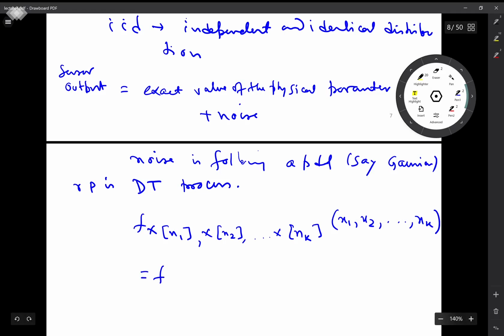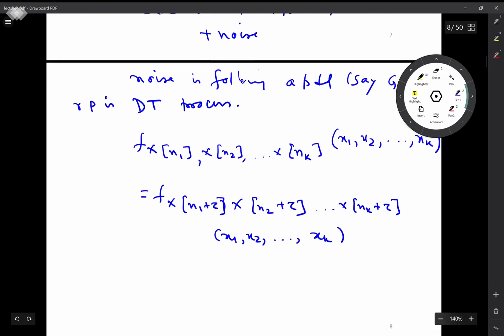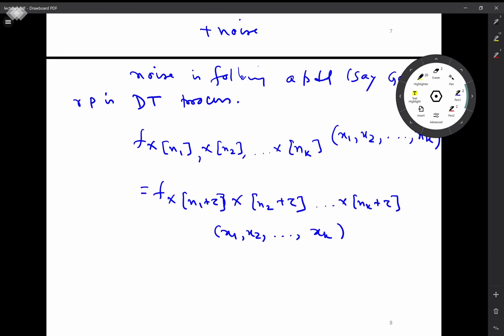So it will be f of X(n1 plus tau), X(n2 plus tau), up to X(nk plus tau) of x1, x2, up to xk, and this will be the same.